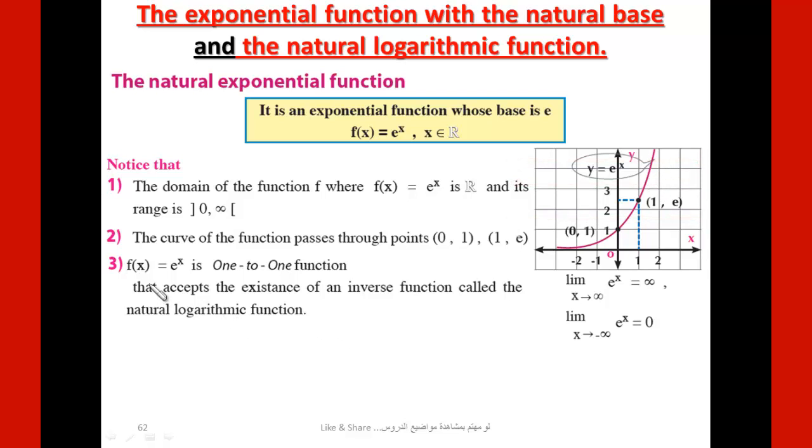So the function f of x, e power x, is 1-to-1, which accepts the existence of an inverse function, called the natural logarithmic function, and we will study it later. Limit e power x when x tends to infinity equals infinity. Limit e power x when x tends to negative infinity equals 0.